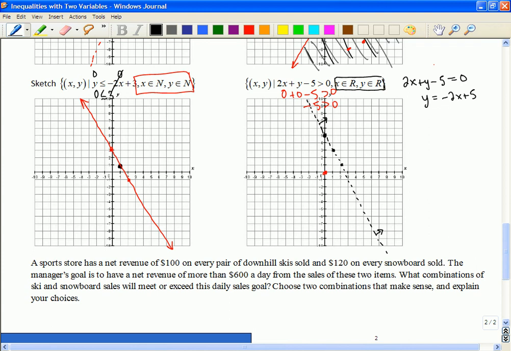A good question was brought up. Remember, the rational numbers are actually a Q because the rational numbers are like a quotient, and that's got a Q for its symbol. So it's saying any real numbers that are on this side of the line. So my solution would look shaded in the whole thing like this.